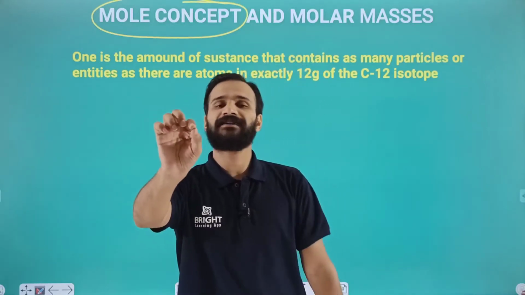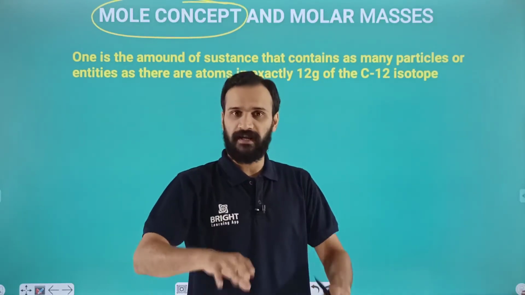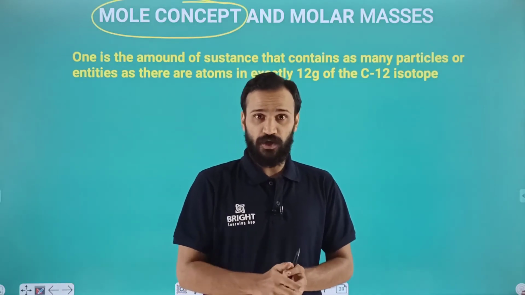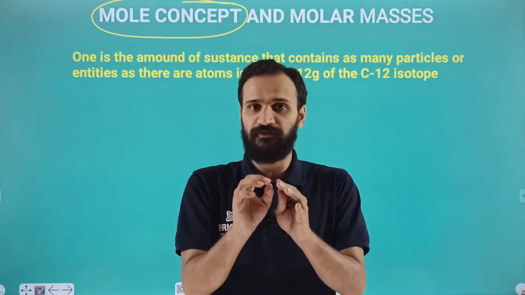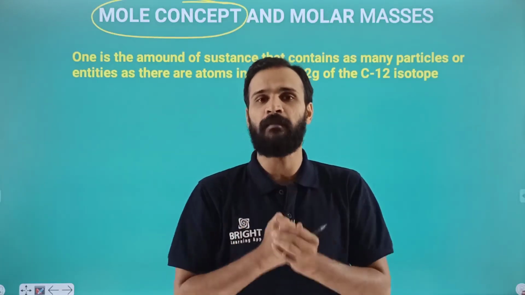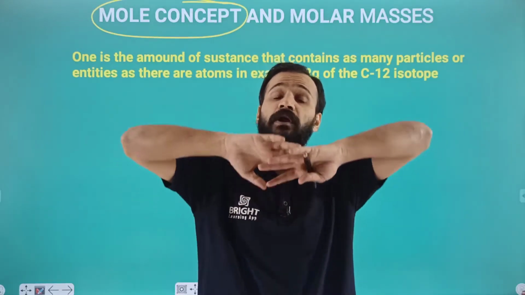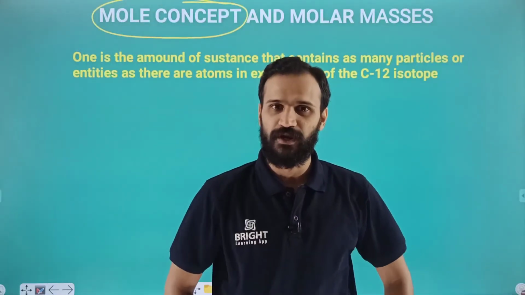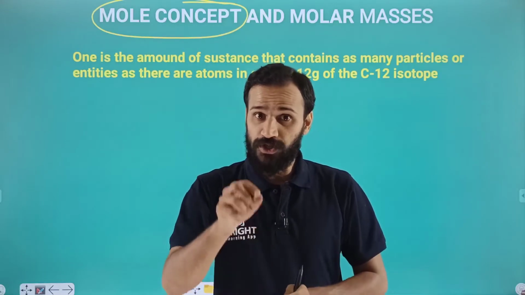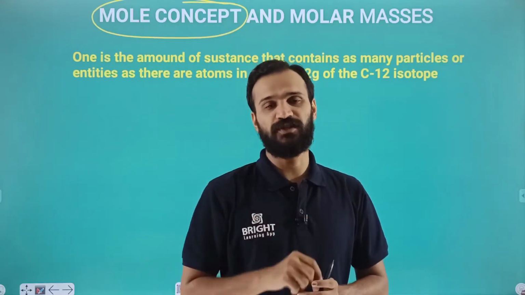Atoms are very microscopic particles, we cannot see them even with our naked eye, isn't it? So if we take a little amount of any substance, that will contain a large number of atoms or molecules and also subatomic particles. Why? Because they are the smallest particles.